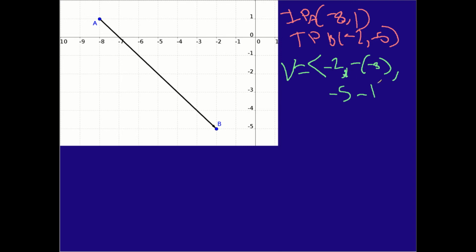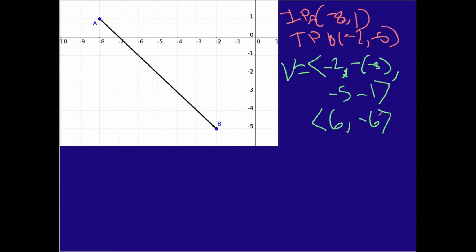So negative 2 minus negative 8 is going to be positive 6. If I had to write my answer here, positive 6. And negative 5 minus 1 is going to be negative 6. So that is our standard position here. It's going to be at (6, -6).